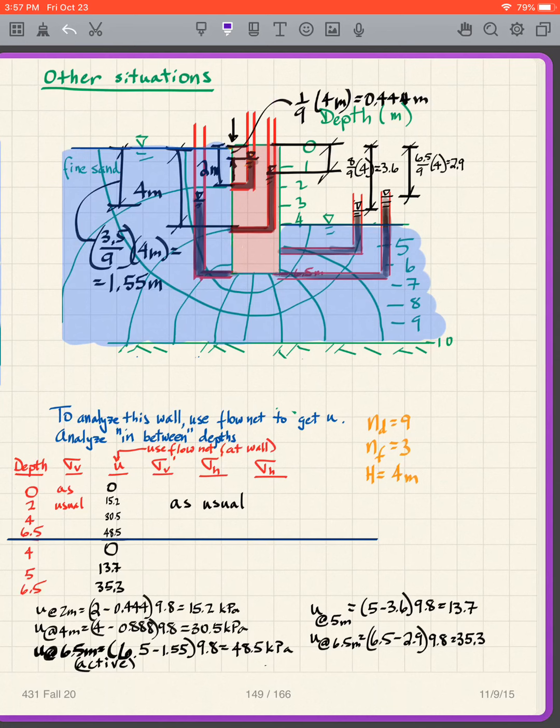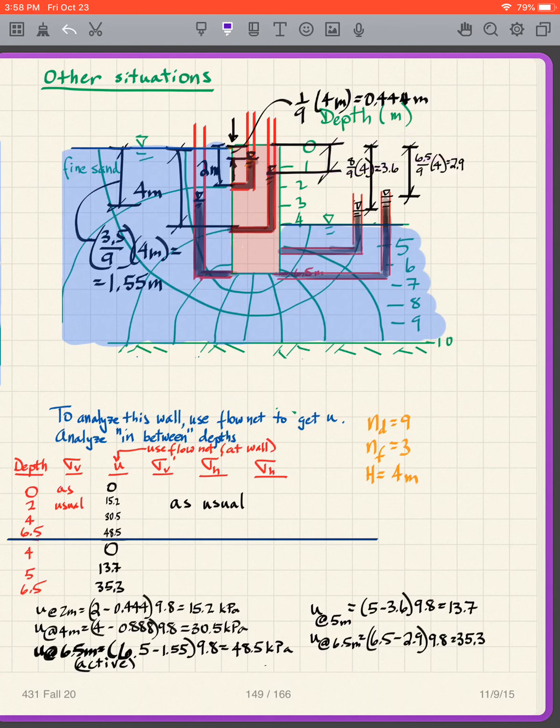So it's 0.444 meters. And when I go to here, it's going to be 2/9. So that drop there would be 2/9 times 4, which gives me 0.888.